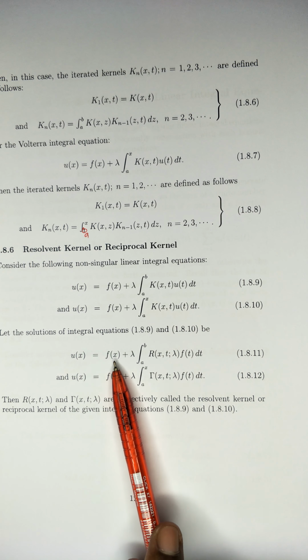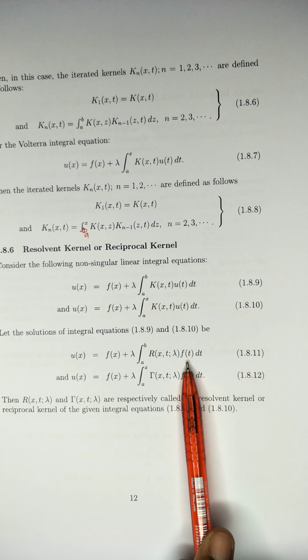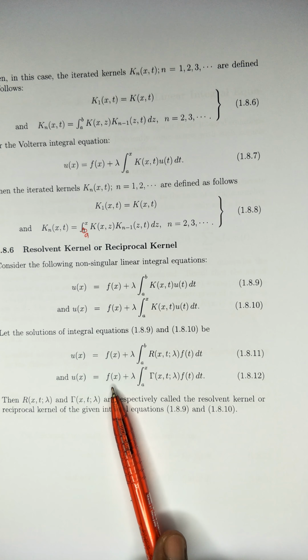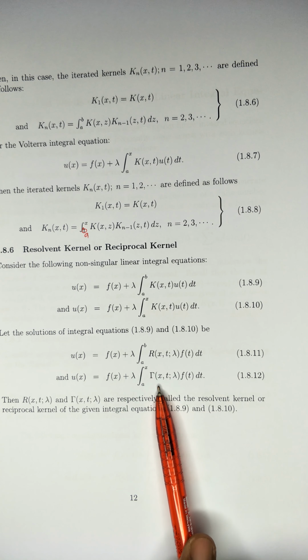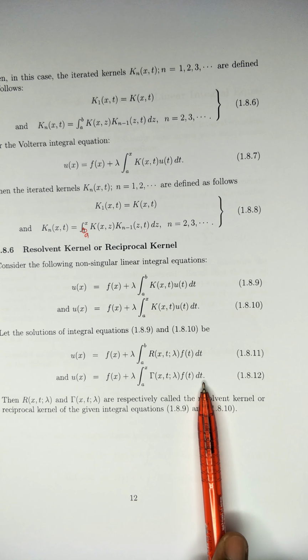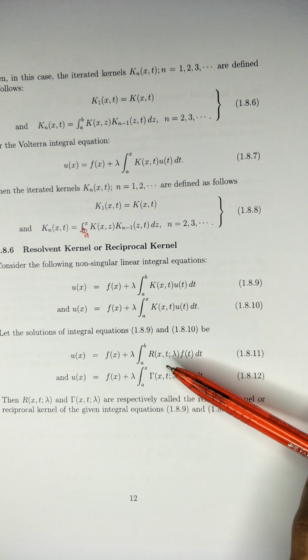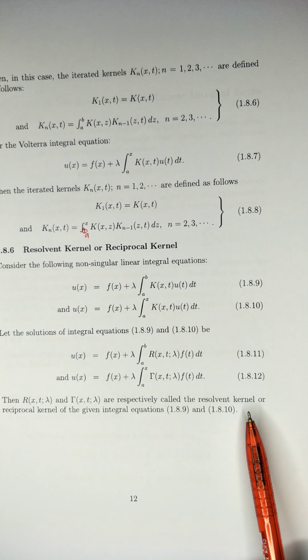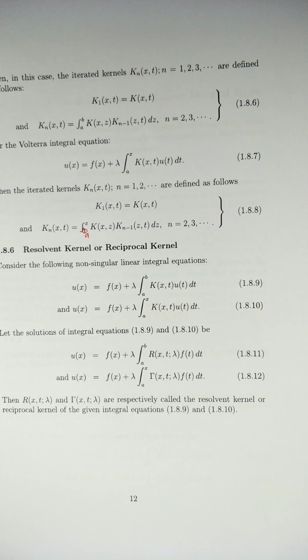For Fredholm, u(x) is f(x) plus lambda times the integral with R. For the Volterra integral equation, the solution is u(x) equal to f(x) plus lambda integral a to x of gamma(x, t; lambda) f(t) dt. Then these kernels R and gamma are called the resolvent kernel or reciprocal kernel of the given integral equation. If the solution can be written like that, you call it a reciprocal kernel or resolvent kernel.